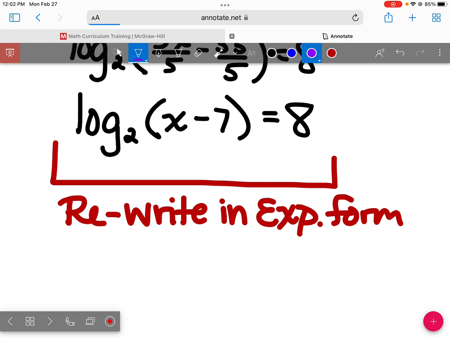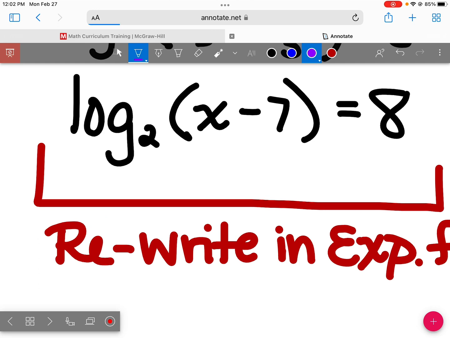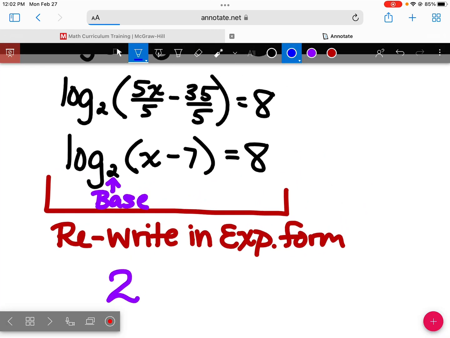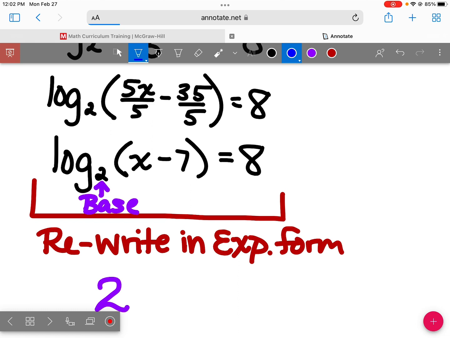What is my base? Oh, 2. Sorry. That's okay. Here's the base. I write that down first. 2. What's the exponent? 8.